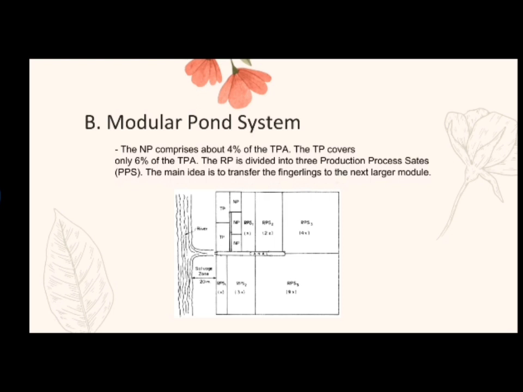The rearing pond is divided into 3 production process stages. So makita nimo ang rearing pond nga divided into 3 production process stages. The main idea is to transfer the fingerlings to the next larger module.